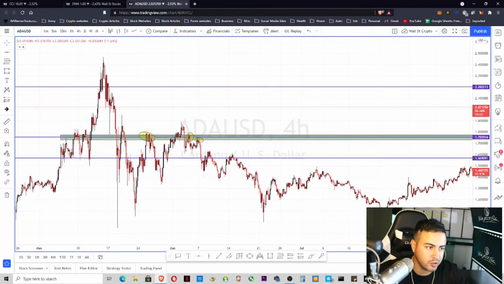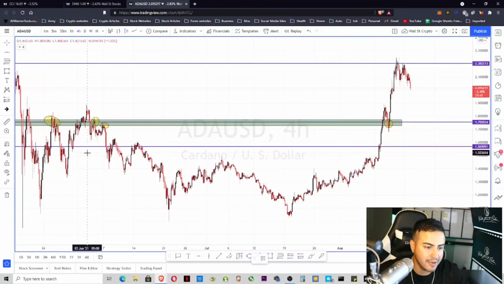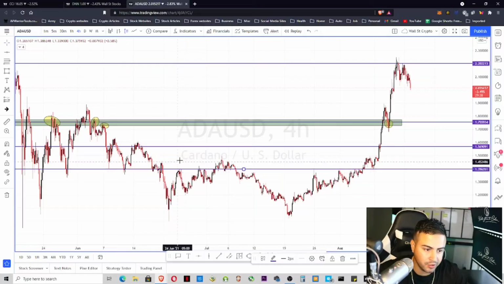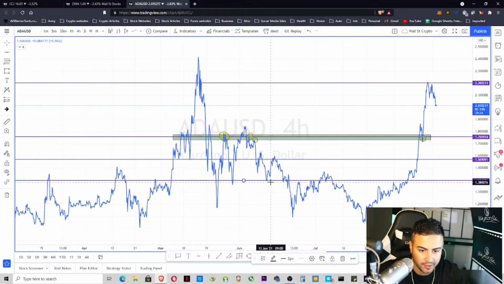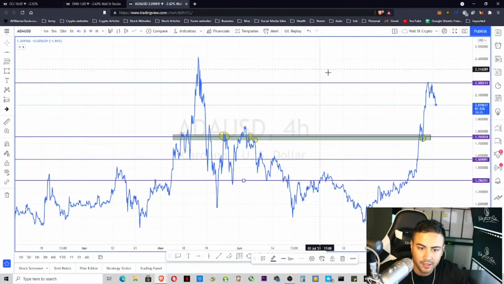Wicks are super good, and we'll make a different video for that, and I'll explain more about wicks, but that is also used as a support and resistance indicator. I would recommend doing that on different charts so you understand how support and resistance works. Right there, see, right there, and right there, and right there. Those are all key indicators showing that there's a support and resistance level around that area.